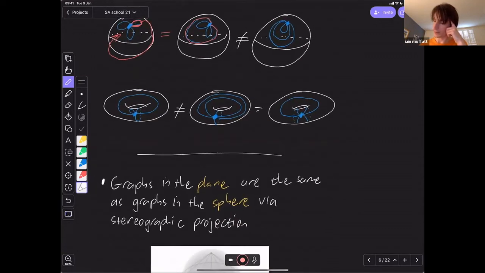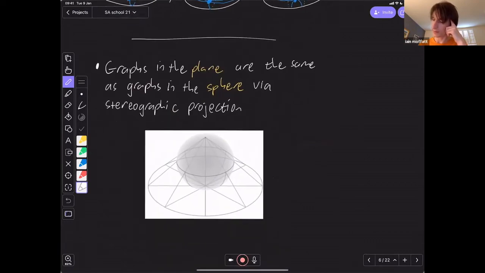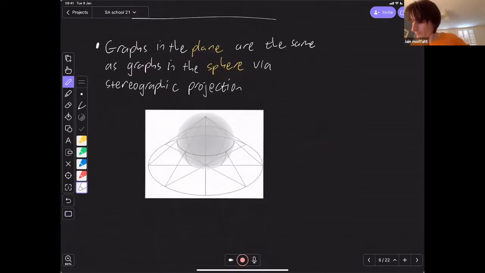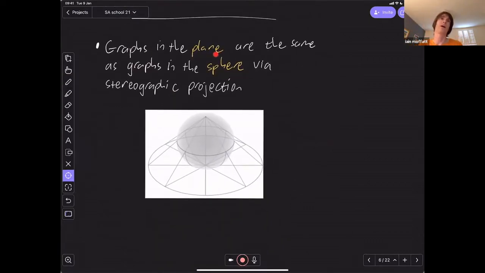So the final comment I want to make about this, before we move on, is that the graphs in the plane are exactly the same as graphs in the sphere. You can do it through stereographic projection, which allows you to move between plane and sphere in the usual way. And the advantage of working on the sphere is you don't have this awkward, unbounded region.